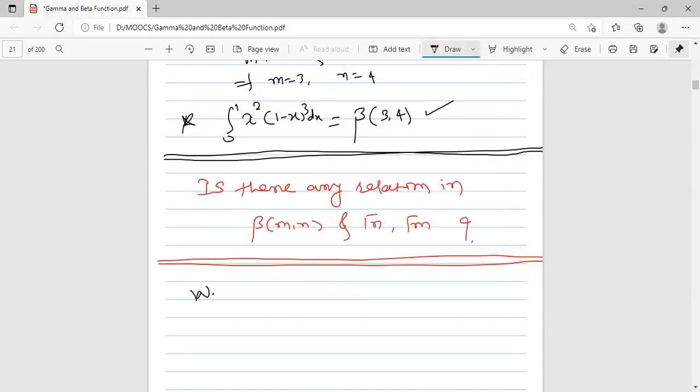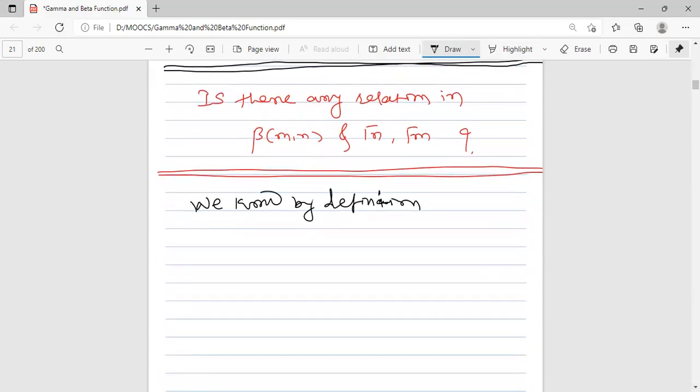Now I will write here. We know the definition for beta m, n. We are getting this definition as the integration from 0 to 1 of x raised to the power m minus 1 into 1 minus x raised to the power n minus 1 dx. You can write n minus 1 also.